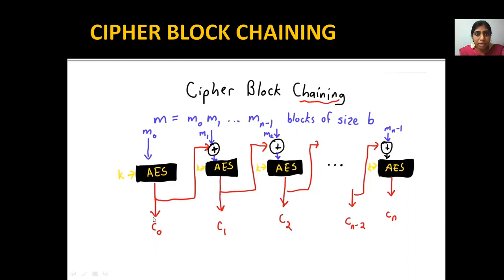This ciphertext is applied as the input for the second block. Then we take the second block input and XOR it with the cipher block of the previous one. Then we encrypt the data. The output from the second block is given as an input for the third block. Like this it continues for n blocks.